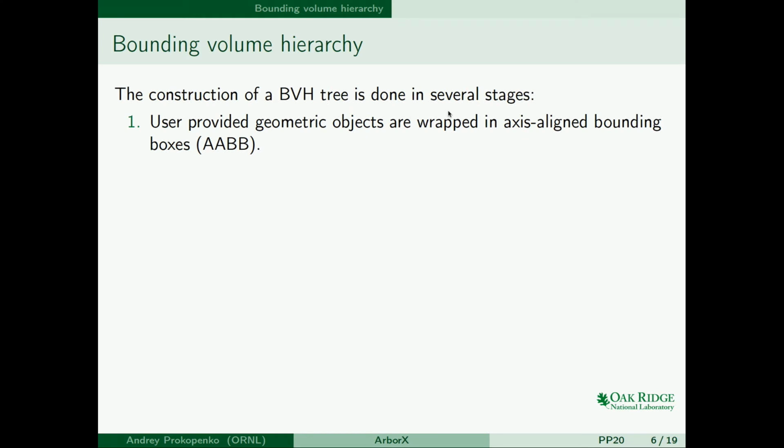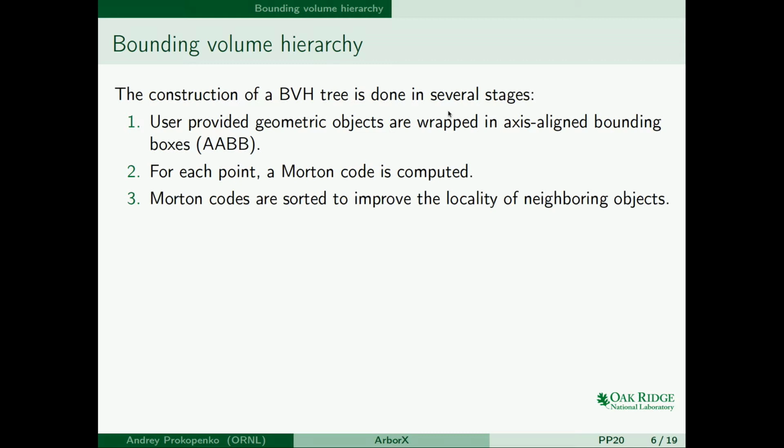So briefly, the bounding volume hierarchy is constructed in 5 steps. First of all, a user provides us with geometric objects, and either the user provides us with bounds, or we construct them ourselves based on some function. For each box that we constructed, we choose the centroid, and then we compute the Morton code for that.